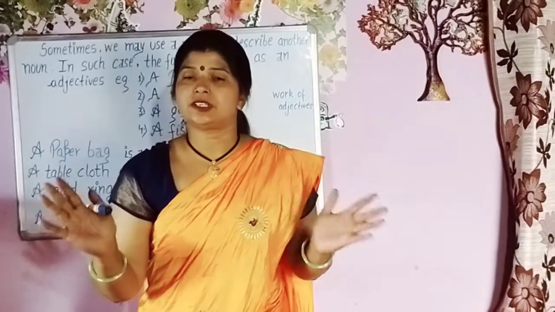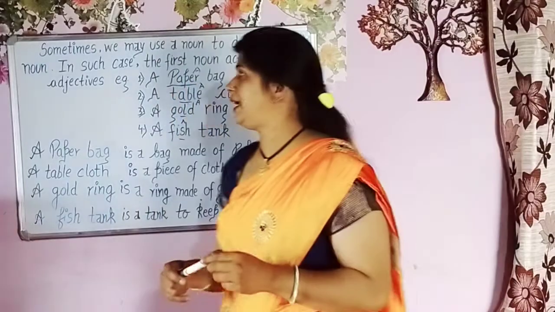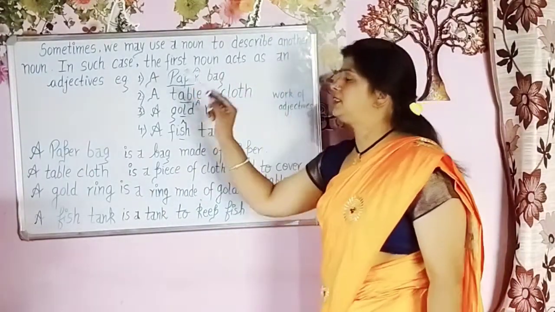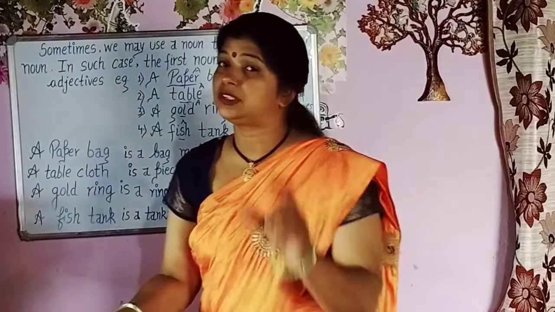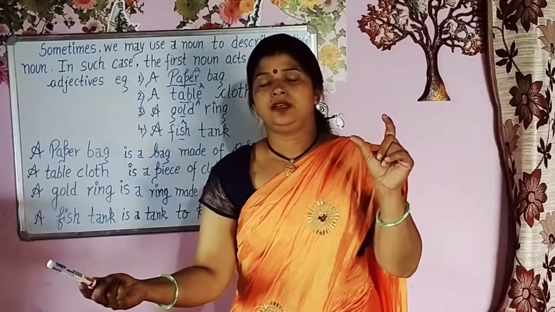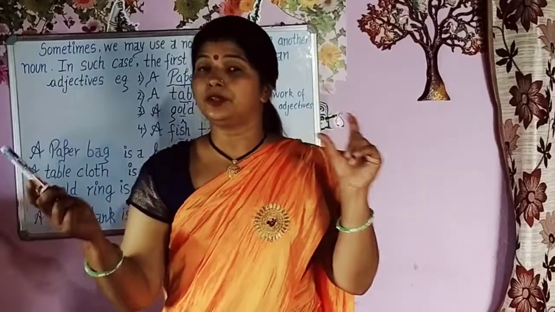Let's learn about this with the help of examples. See, sometimes we may use a noun to describe another noun. Many times it happens, my dear students, that we use a noun to describe another noun. कभी कभी हम एक नाउन को समझाने के लिए दूसरे नाउन का यूज करते हैं.